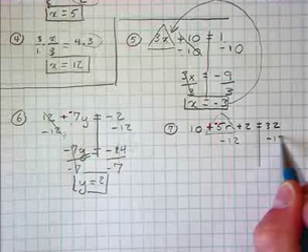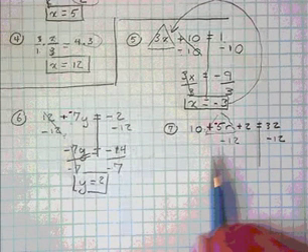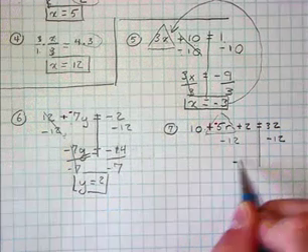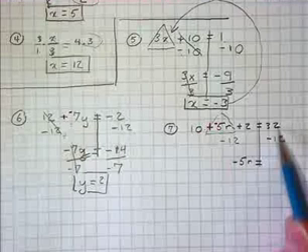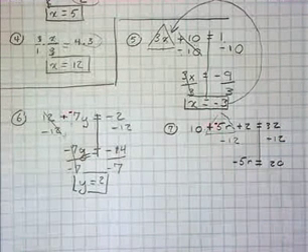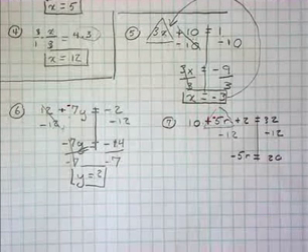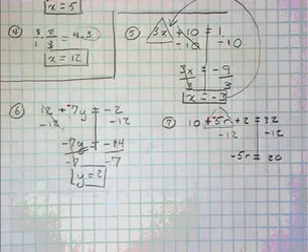Subtract 12 from this side. When I do that, it leaves me with my negative 5r. 32 minus 12 gives me 20. And now I've got negative 5r equals 20.